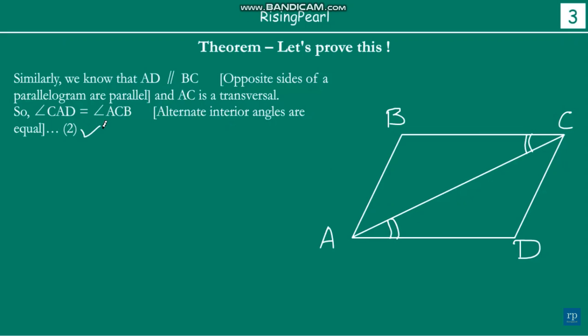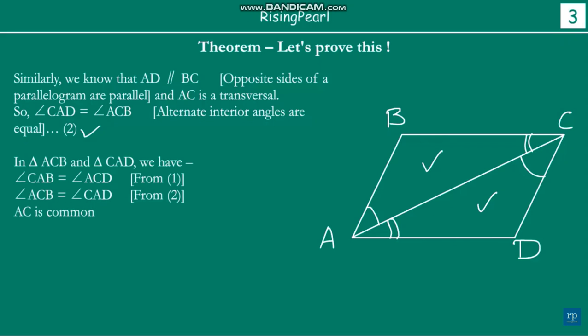We already proved that theorem for triangles. So in the first case, these two angles are equal. In this case, these two angles are equal. Then the ASA property of triangles says both are congruent.